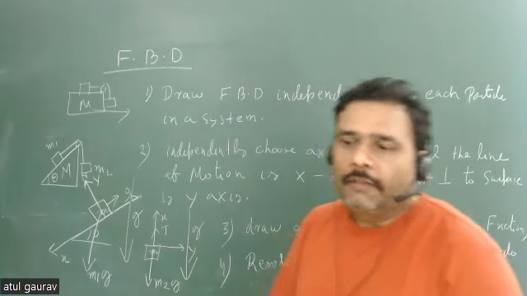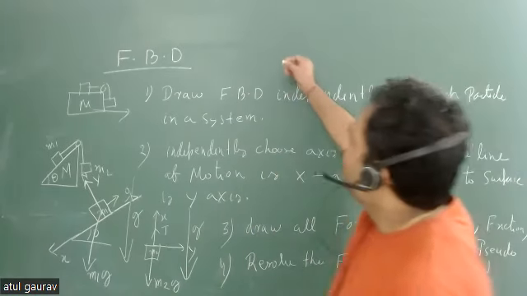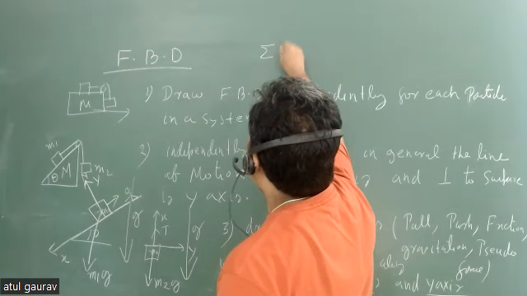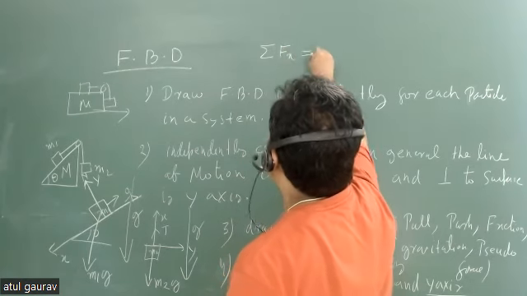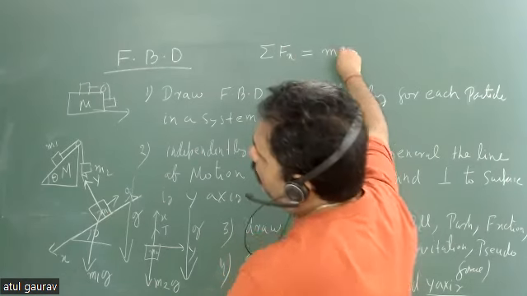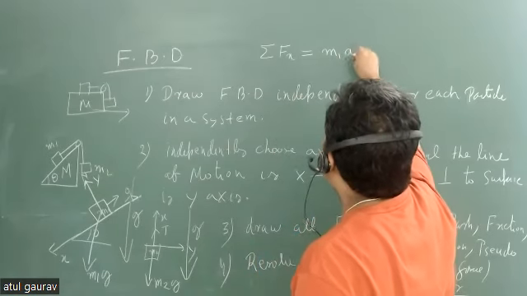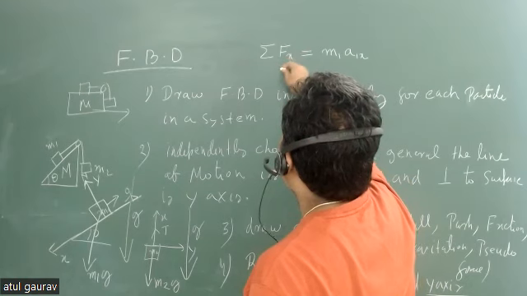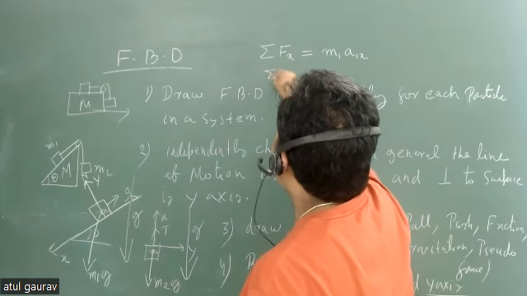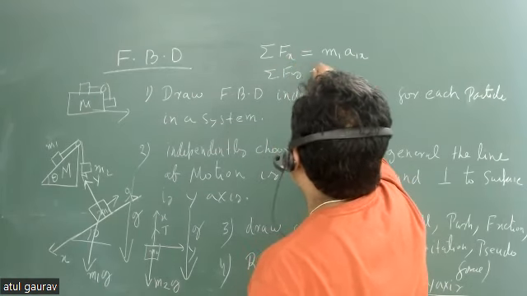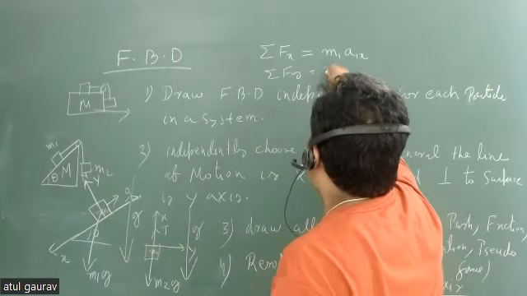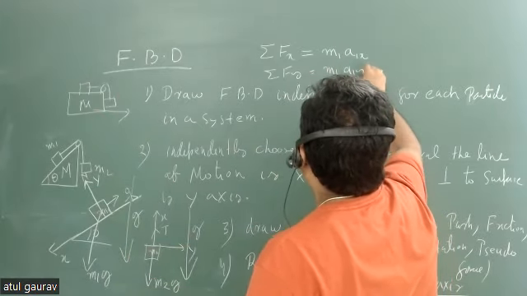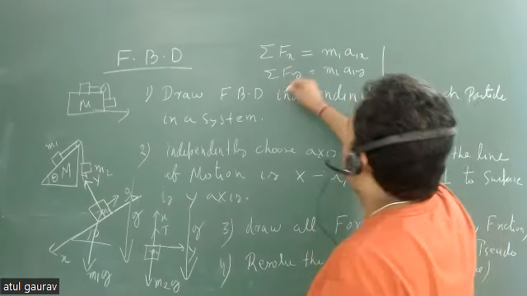And once you resolve the forces, you can easily write summation over fx is equal to, for the individual particle, m1 a1x. Summation over fy, if anything is also moving upward, you can write m1 a1y. This is for the first particle.